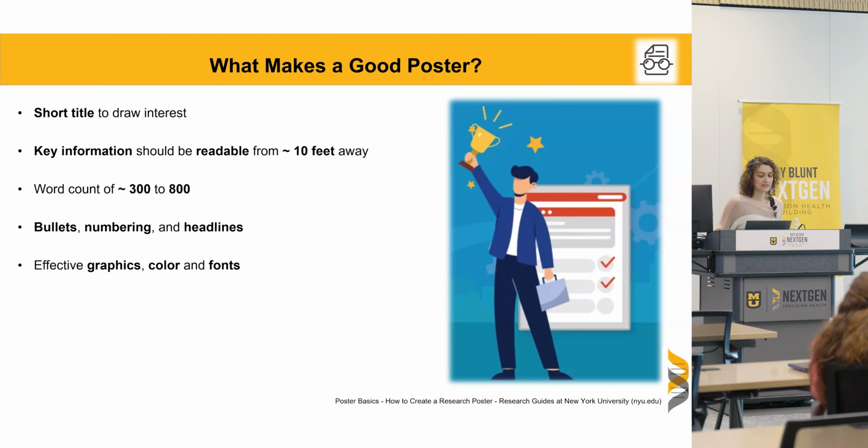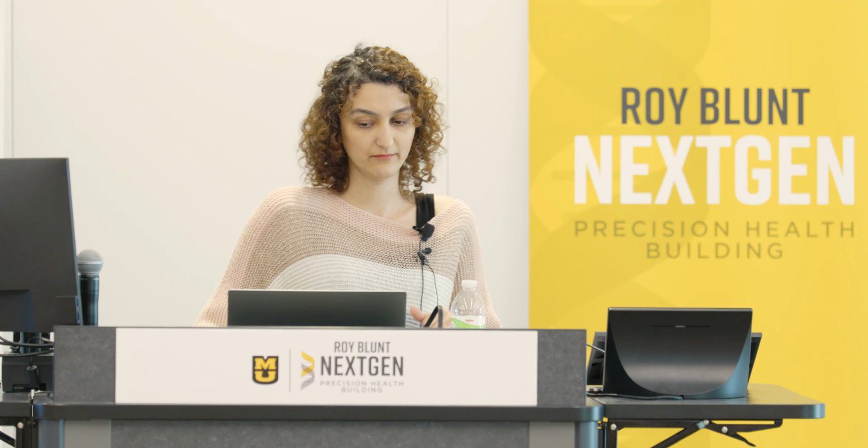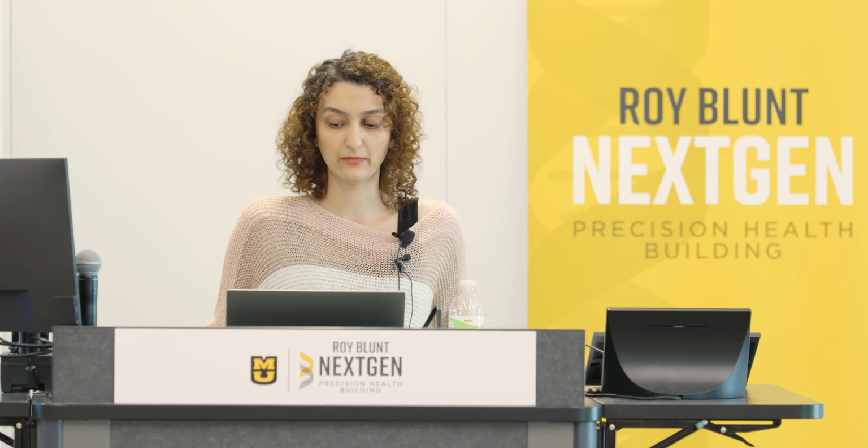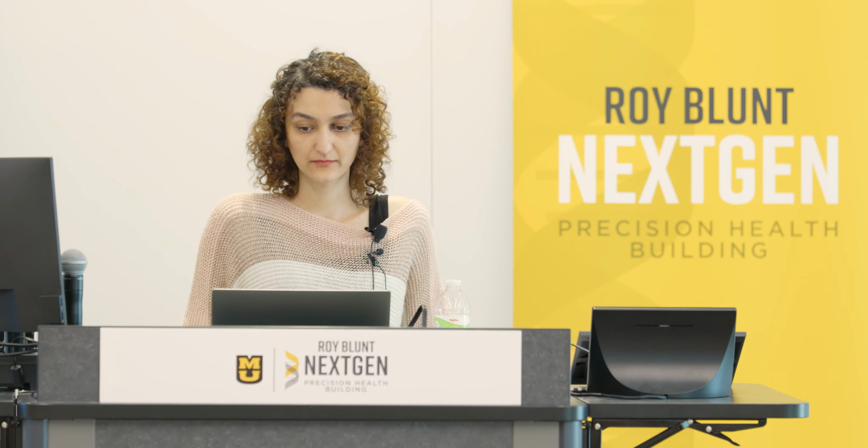Effective graphics, colors and fonts can also help us, and keeping the layout consistent is another thing that gives a professional look to our poster. And the last but not least is the acknowledgement and references. Most of the time people forget about that, but it's really important to acknowledge people who are helping us or who are involved with our project.